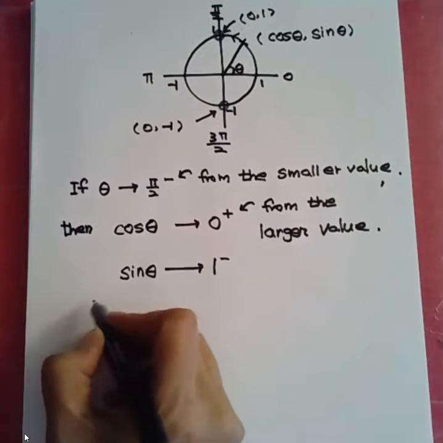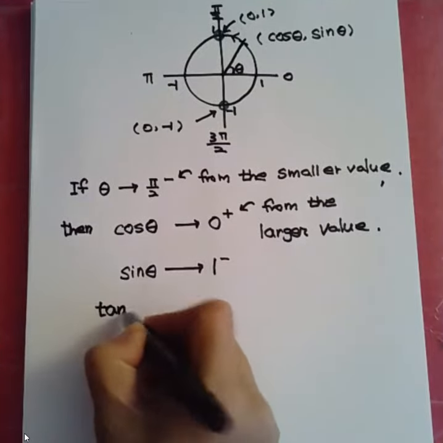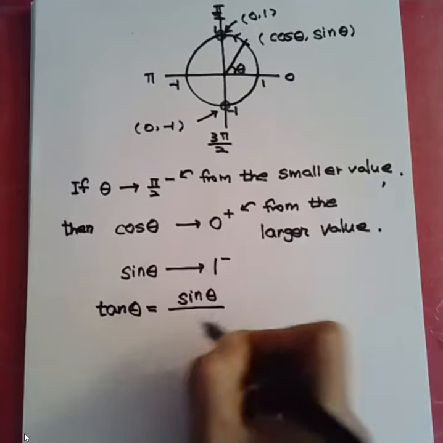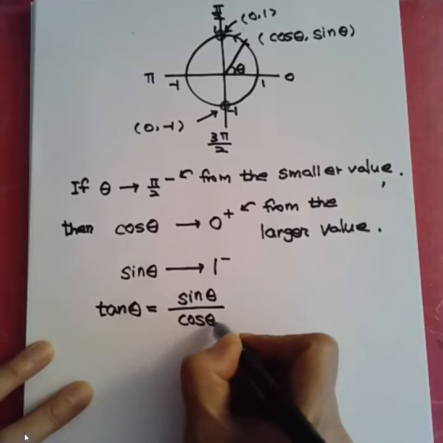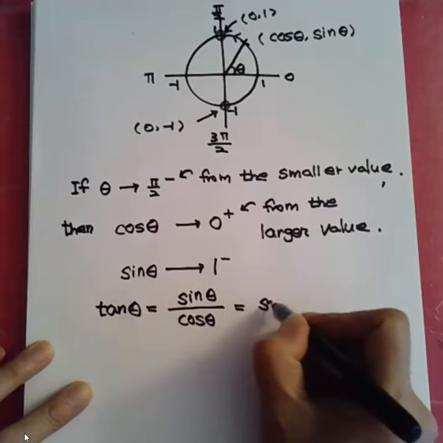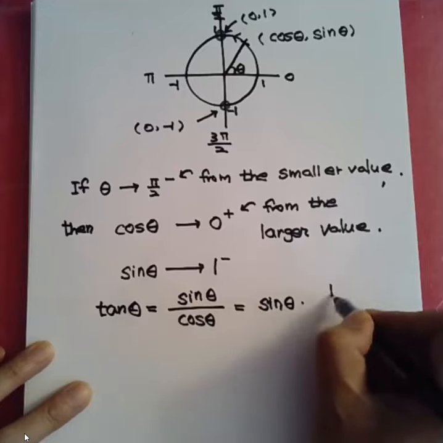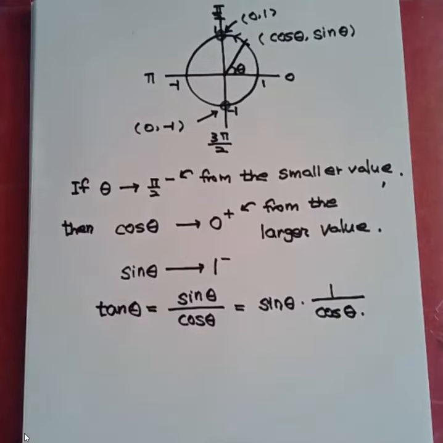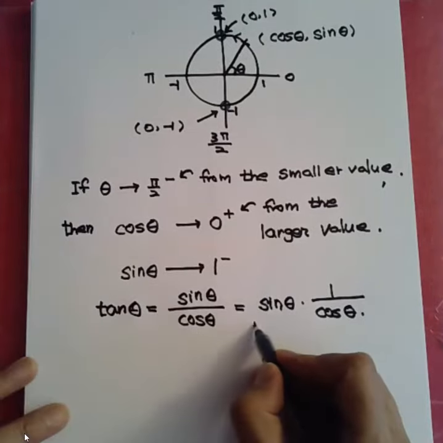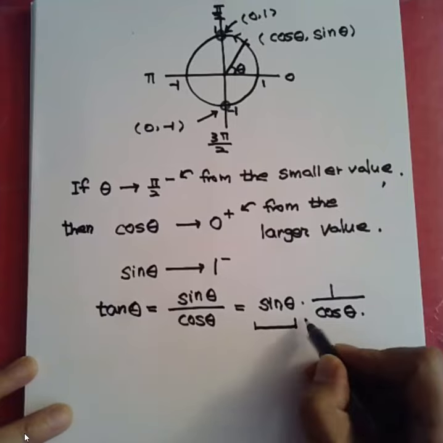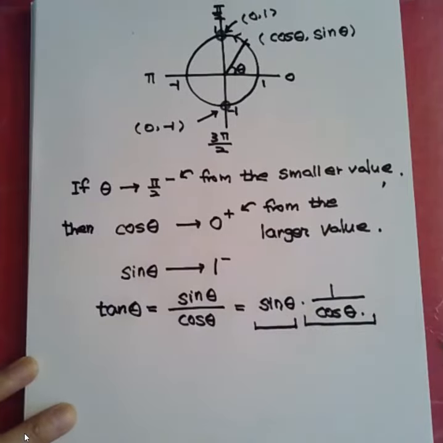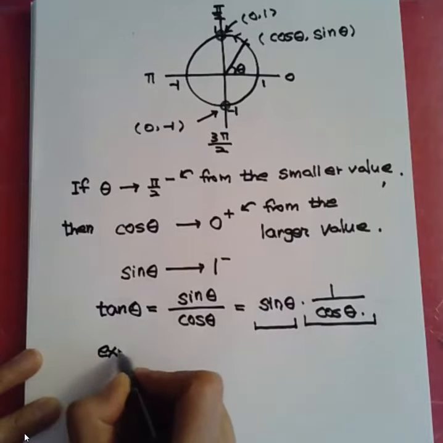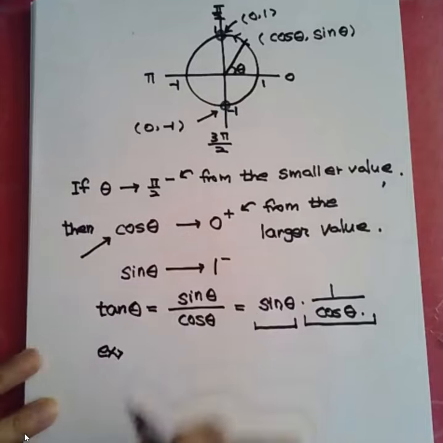Let's keep in mind that tangent of theta equals sine of theta over cosine of theta. So we can rewrite that as sine of theta times 1 over cosine of theta. What we want to do is observe what happens to this component and what happens to this component. To make things more intuitive, let's interpret the first one.